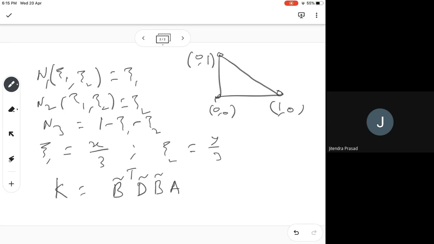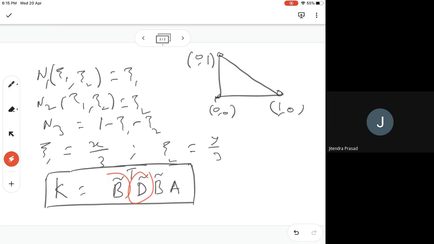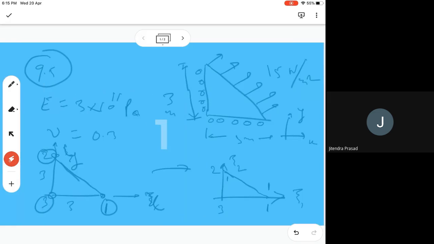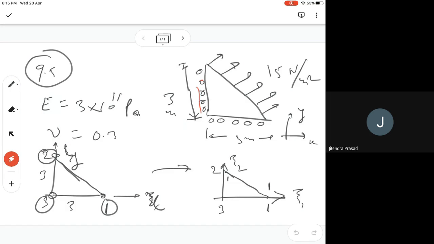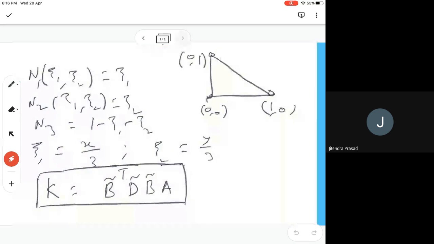So this is what K is. We know the meaning of B, we know what D is, so we know how to make it. For the stiffness matrix we'll follow the standard procedure. The main thing here is finding out what the U and F vectors will be. So that's what we will concentrate on.